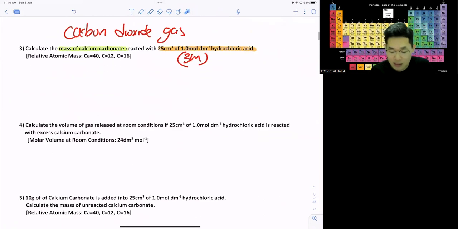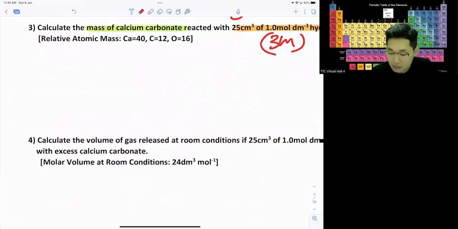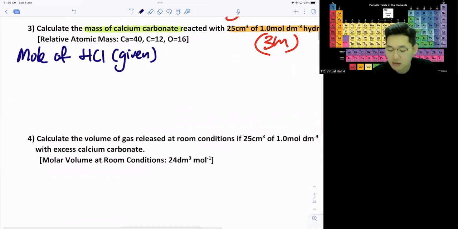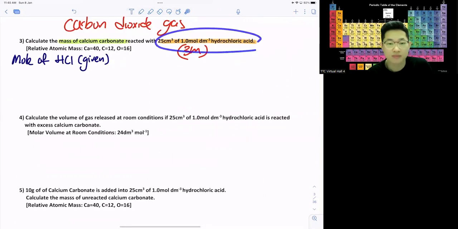So there will be 3 steps. First step, we will always be calculating the mole of the given value. Let's say they gave me hydrochloric acid. I have to find the mole of HCl.